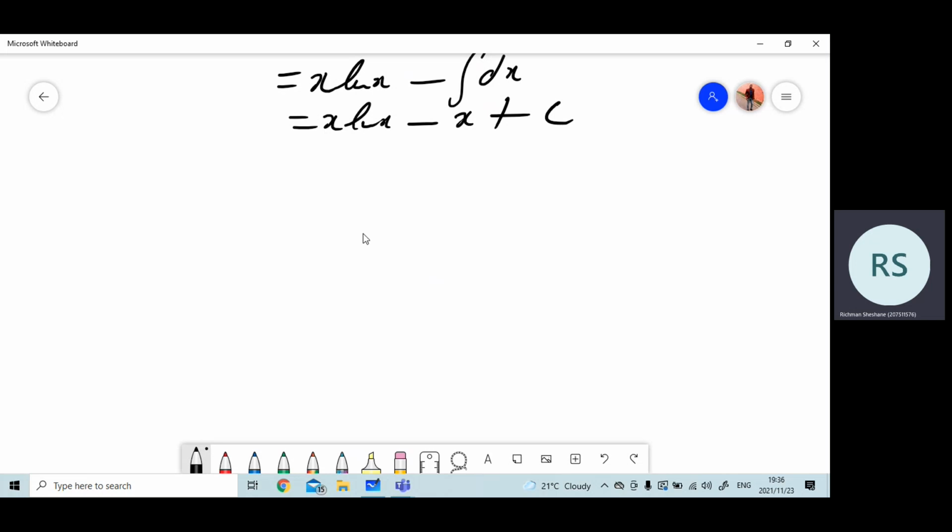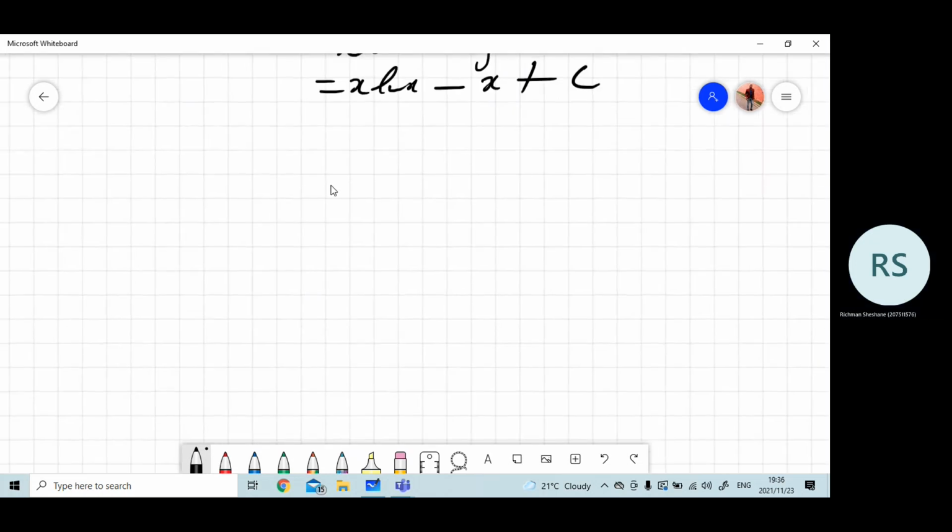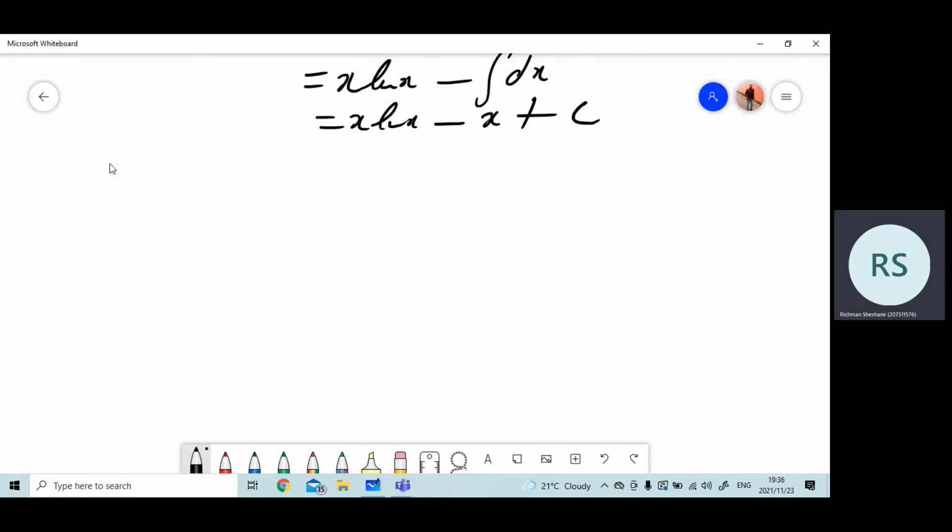So let's say we want to integrate now. Example 4.